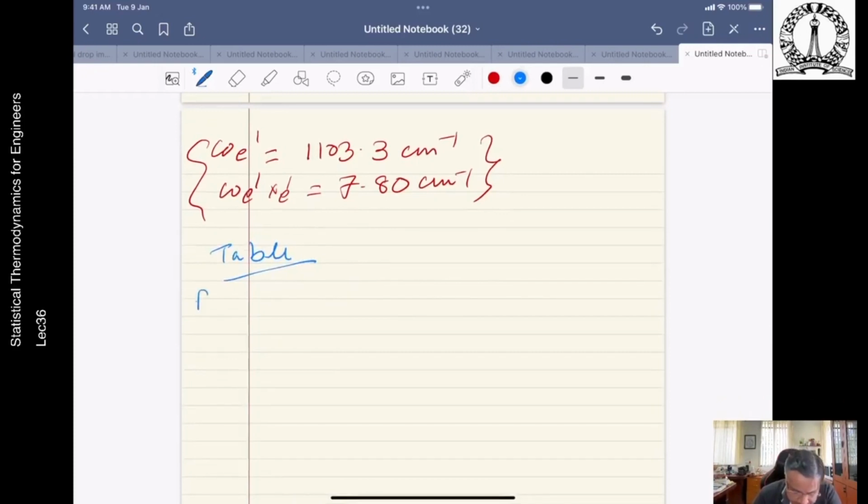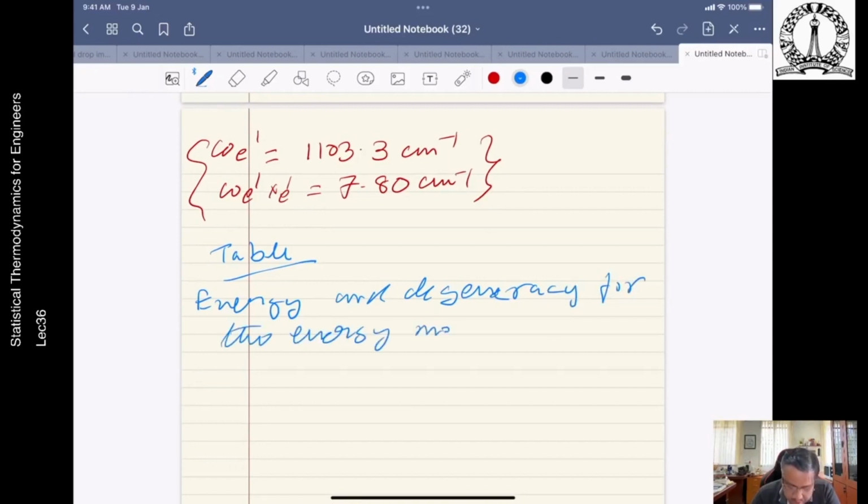So we can name this table as energy and degeneracy for the energy modes of an atom or diatomic molecules.